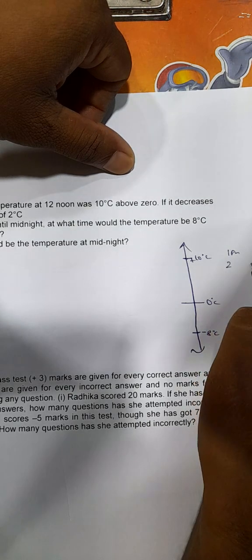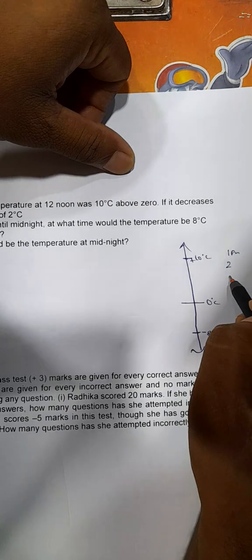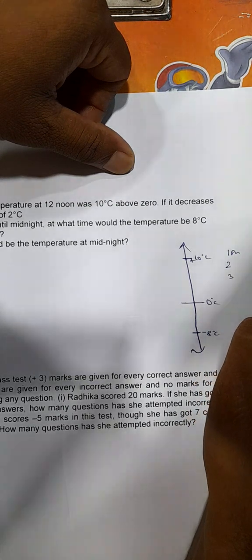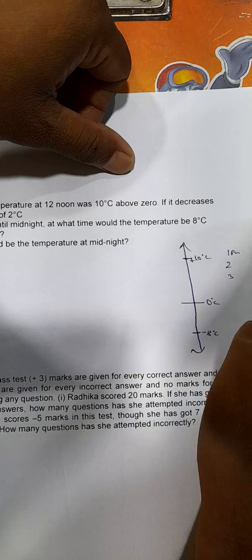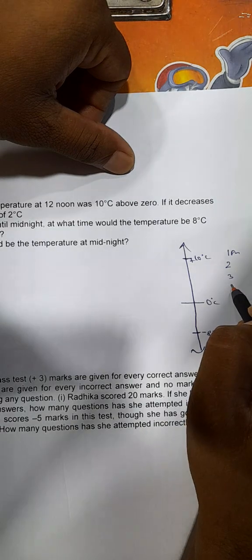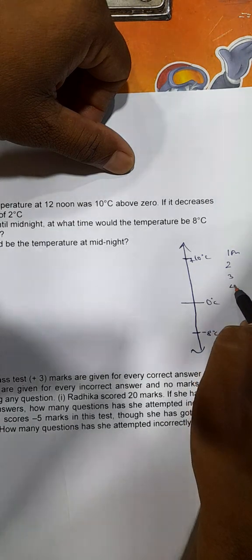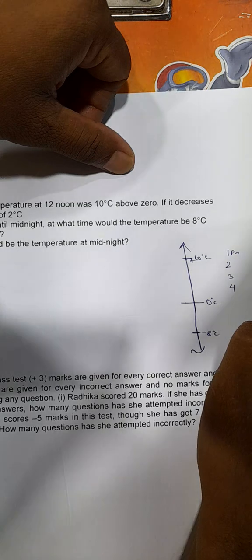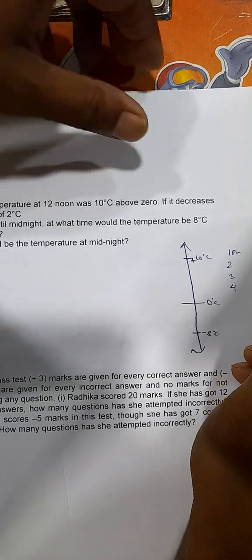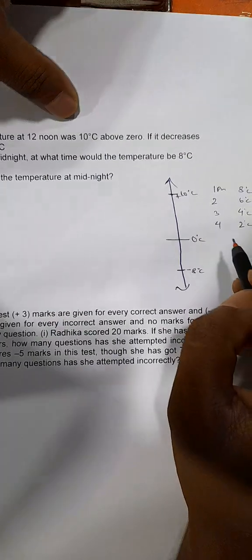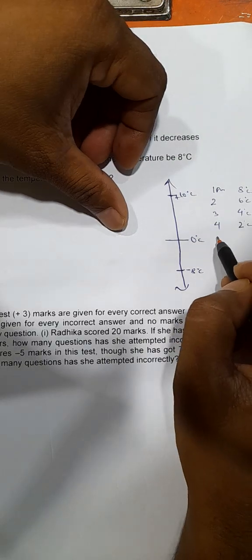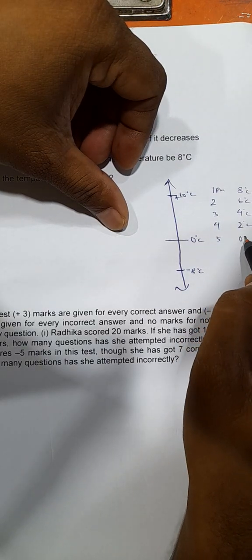At 2 p.m. it is 6 degrees Celsius. 3 p.m., 4 degrees Celsius. 4 p.m., 2 degrees Celsius. Next, 5 p.m., 0 degrees Celsius.